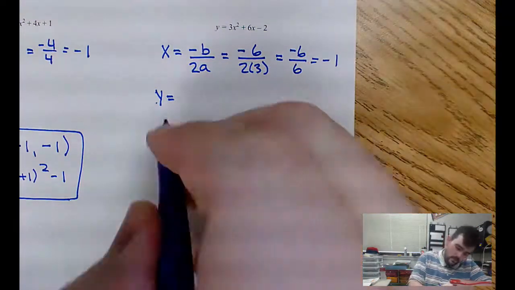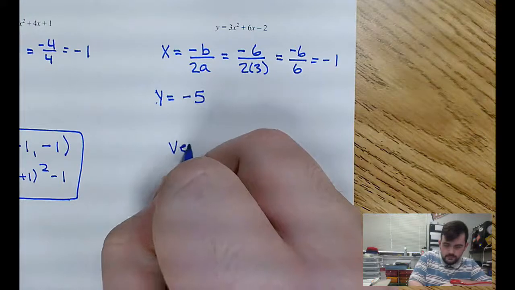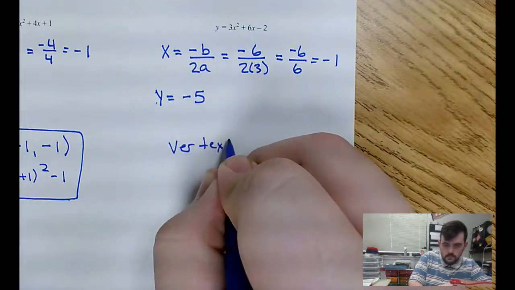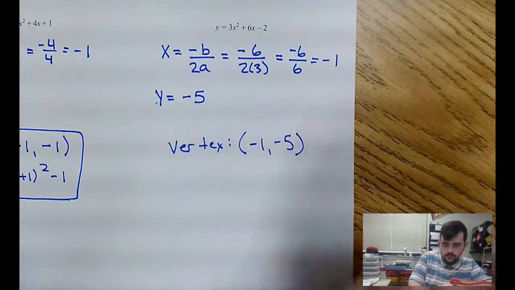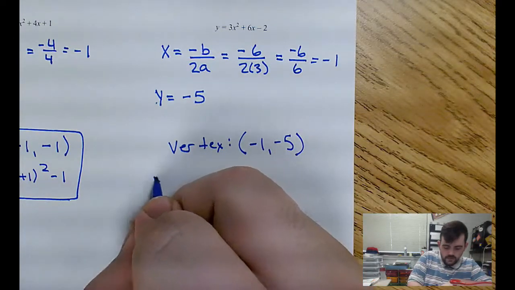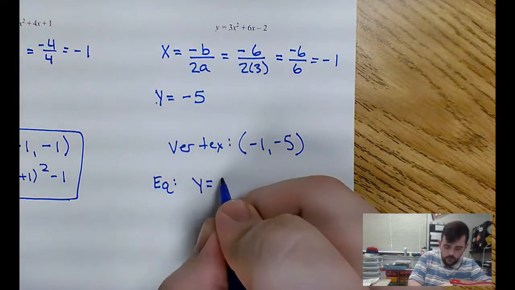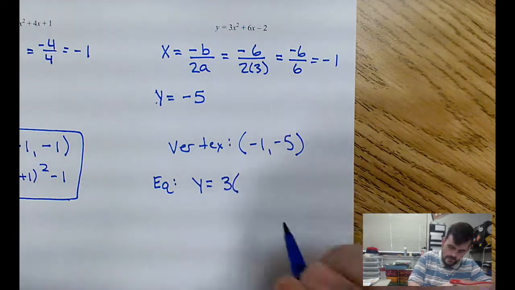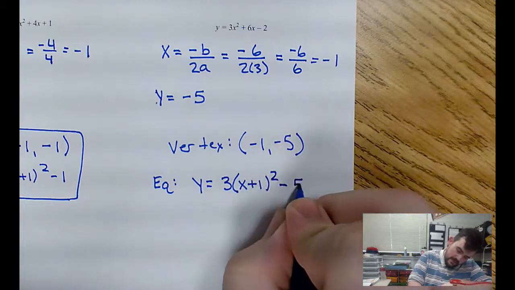The y value is negative 5. So my vertex is negative 1, negative 5. The equation is y equals 3 times (x plus 1) squared minus 5.